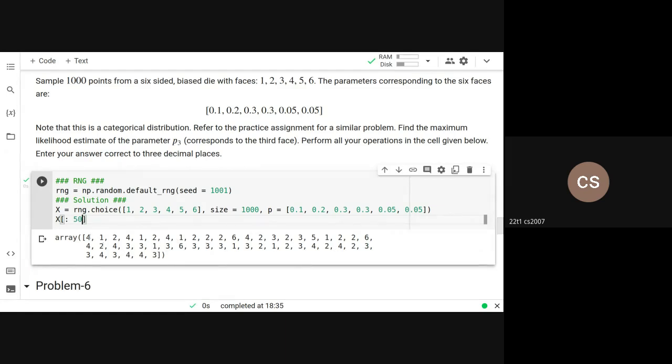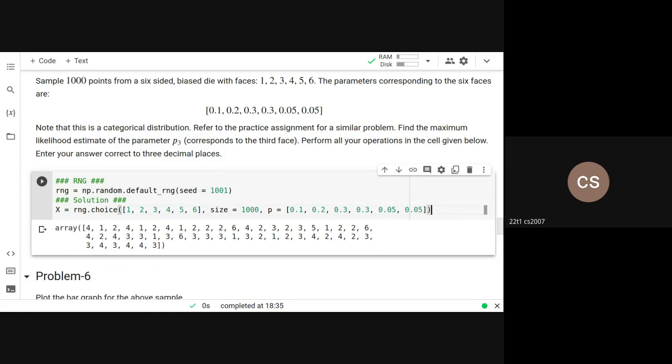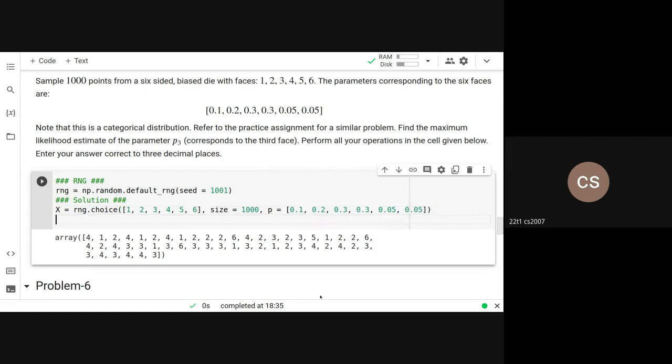And as we keep sampling more and more points, the estimate will become better. Okay, so now what is going to be the maximum likelihood estimate for P3, which is for face 3? How do you do that? Any answers?